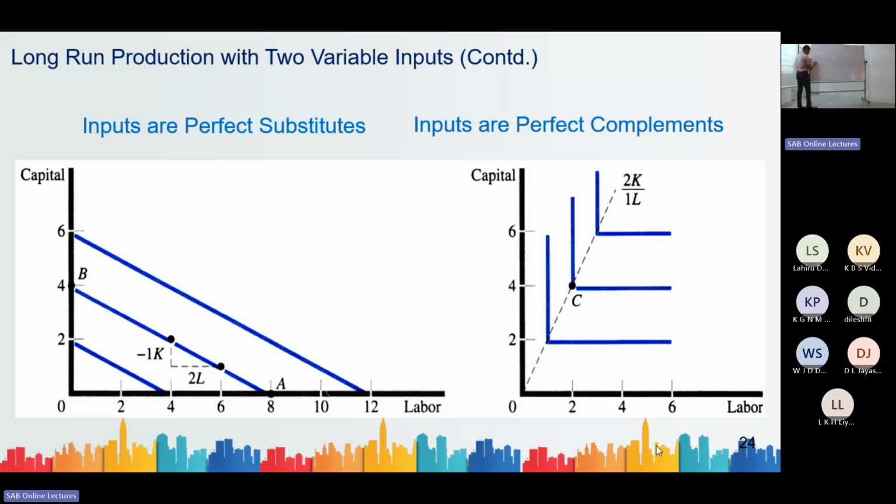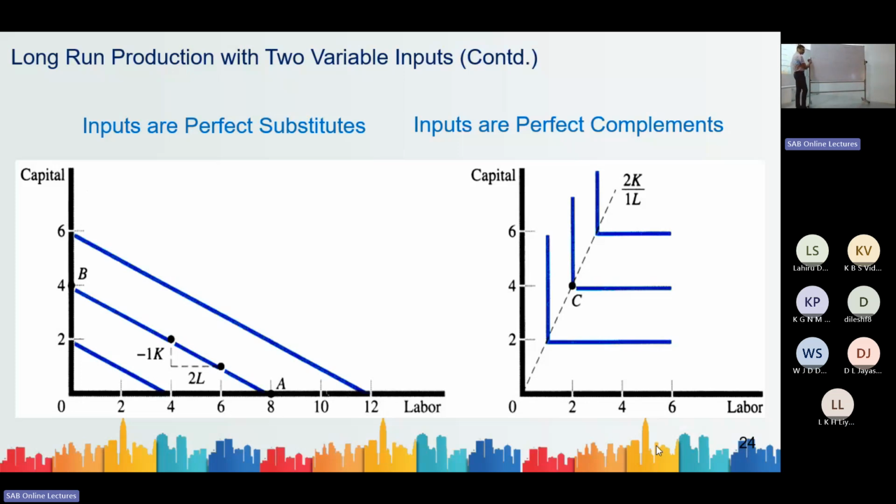We put A here, we put B here. To clean 10 square meters, it requires only 0.5 liters of A or 1 liter of B. So this is the isoquant.